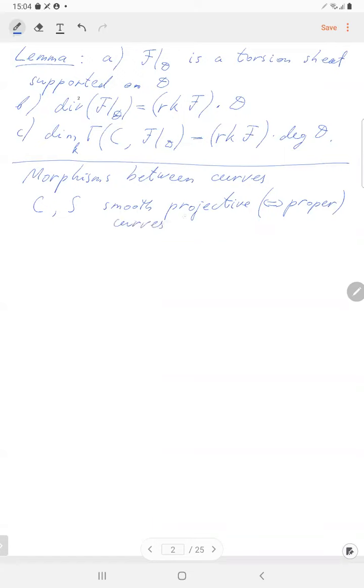We also proved that they are uniquely reconstructed from their fields of rational functions. And we have a morphism from C to S, and then we know that it's equivalent to an embedding from K of S into K of C.